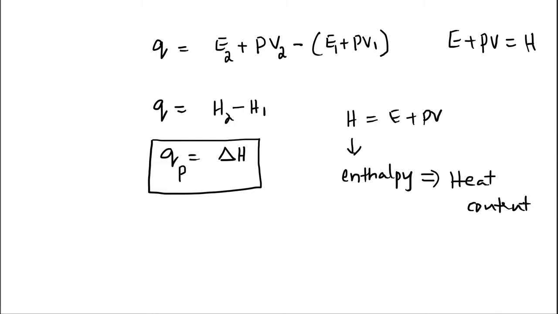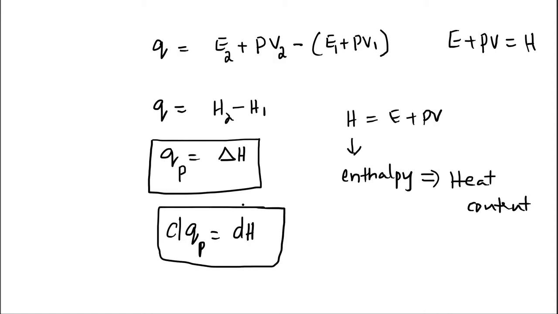Those two factors, the internal energy factor and the pressure volume factor, both can result in heat changes. That's why E plus PV is known as a heat content, and it is given the word enthalpy. So for smaller changes, dQP is known as dH. So this is the heat change at constant pressure.